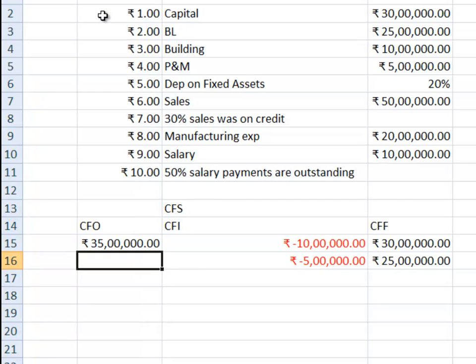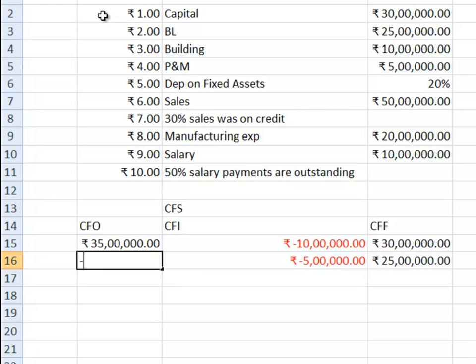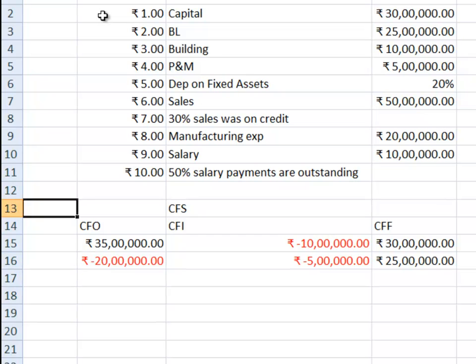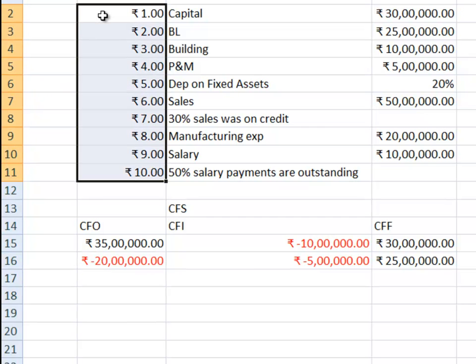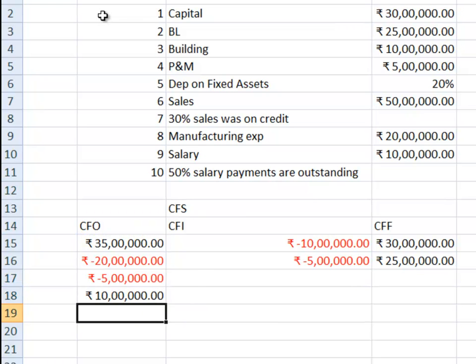Next one, manufacturing expenses 20 lakhs, which would be an operating outflow. Next one, salary, again it would be an operating outflow of 5 lakhs. Then we'll take the totals.